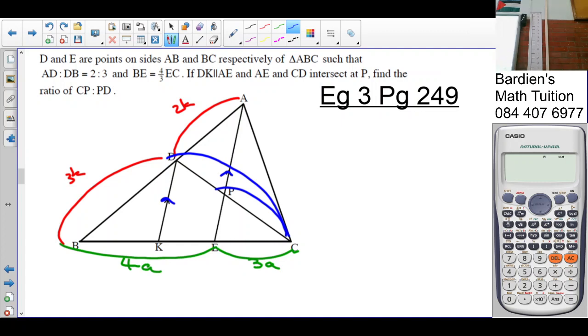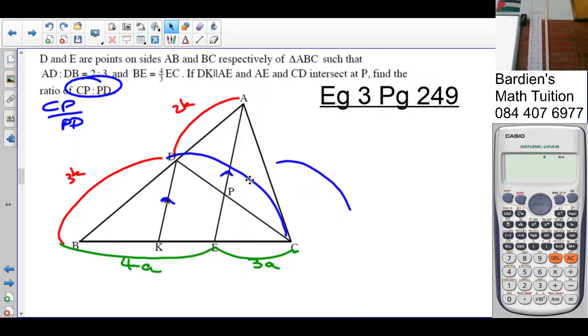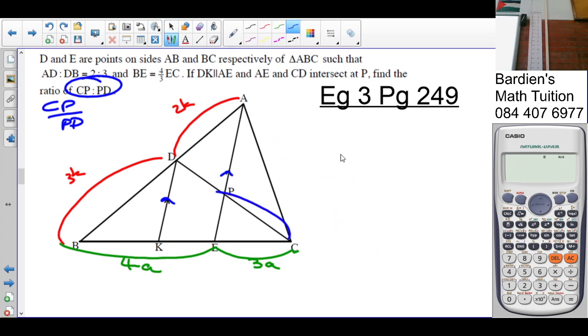But looking at this, CP over PD, you all agree that CP over PD is the same as CP is to PD. I marked it wrong. So what is CP over PD also equal to?